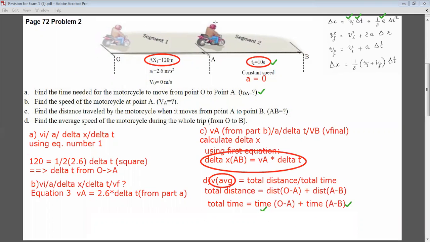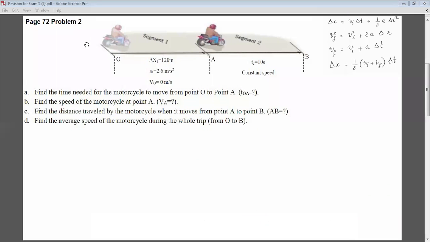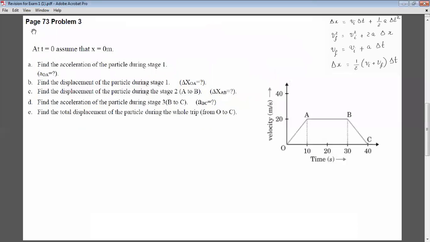Let's take another exercise. Let's work together. This is also at the end of the booklet, page 73, problem number 3. This is a motion diagram that has velocity on the y-axis and time on the x-axis. It's just saying that from O to A, it's moving in one way, from A to B in a different way, from B to C in a third different way.